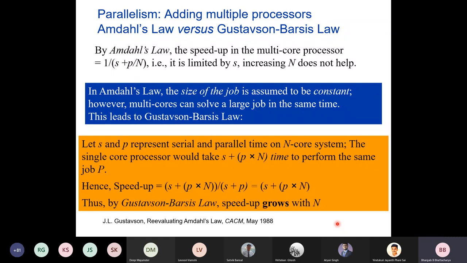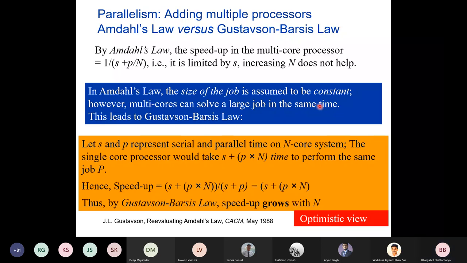So there are two ways of looking at that. If you have a parallel system, then the Gustafson-Barsis law is more appropriate to see how much speedup is expected. This is an optimistic view, because a multi-core system can work out a large job in the same time, because you have multiple processors. Amdahl's law is pessimistic in the context of a parallel processing system.